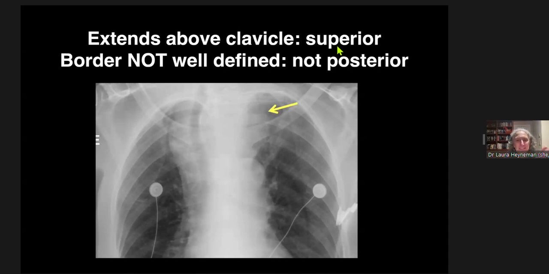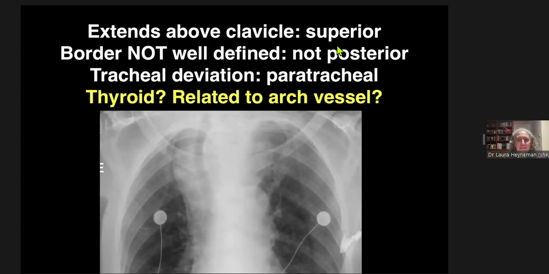So the fact that this is not a well-defined lateral border extending above the clavicles tells me that it's not a posterior mediastinal lesion. It's likely middle mediastinum because the anterior mediastinum doesn't go that high. And because there's tracheal deviation, first thing I would think of is a thyroid lesion involving the left thyroid. Conceivably, there could be some pathology, a giant aneurysm, pseudoaneurysm of one of the arch vessels.